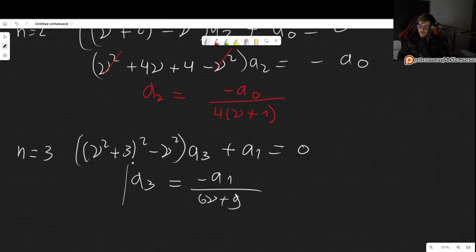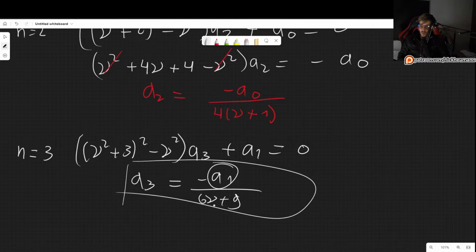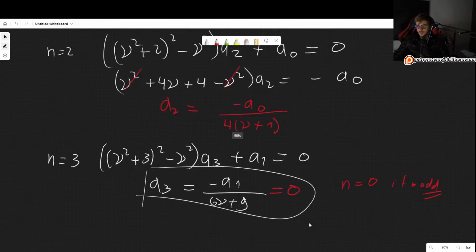But notice here that this depends on a1, and we already found the condition that a1 had to be 0. So a3 is also 0, and thus a5 will be 0 and a7 will be 0. So a_n is 0 for basically all odd n's. Okay, so that is important to note.